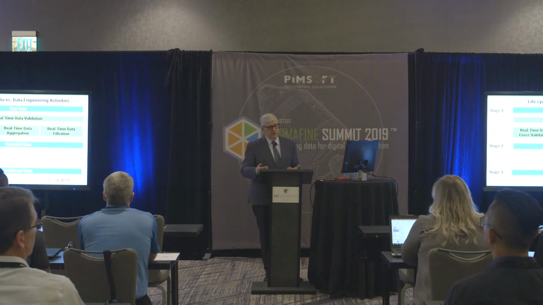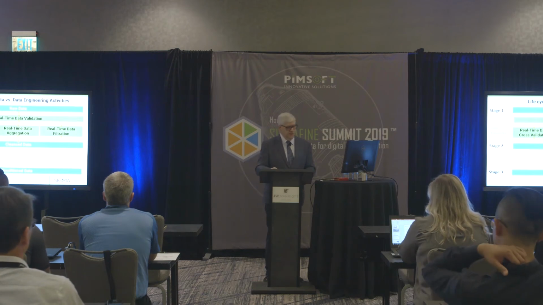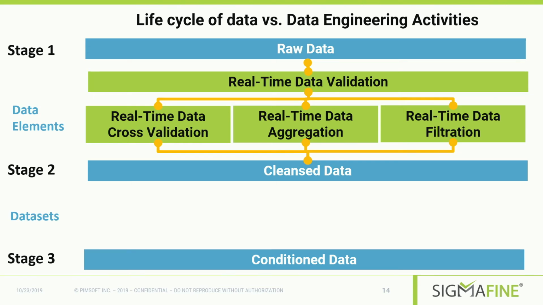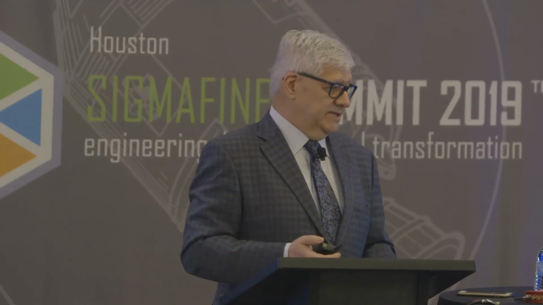At that point, there is nothing more we can do, because there is no other means to achieve a higher level of quality than to go to the second phase, which is to go with a Sigmafine approach, which is model-based. Now we're using the fact that there is redundancy between this information, and there's sufficient redundancy that we can leverage it to actually reduce the variance. You all know that because you're using Sigmafine every day.